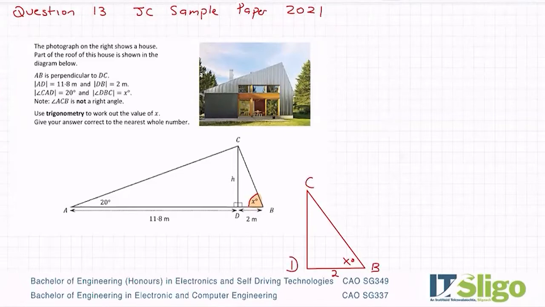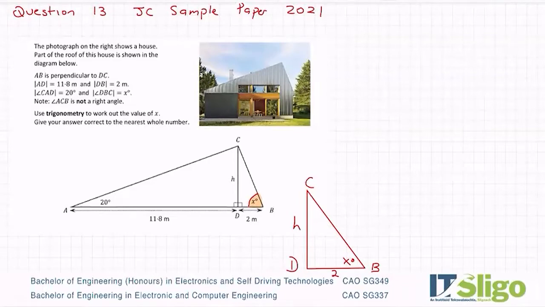I literally isolated the triangle that X was in. Okay, so I can see what is going on in that triangle that has X, because that's what I was asked to work out. And I suppose I could put an H in there, that's a height H.